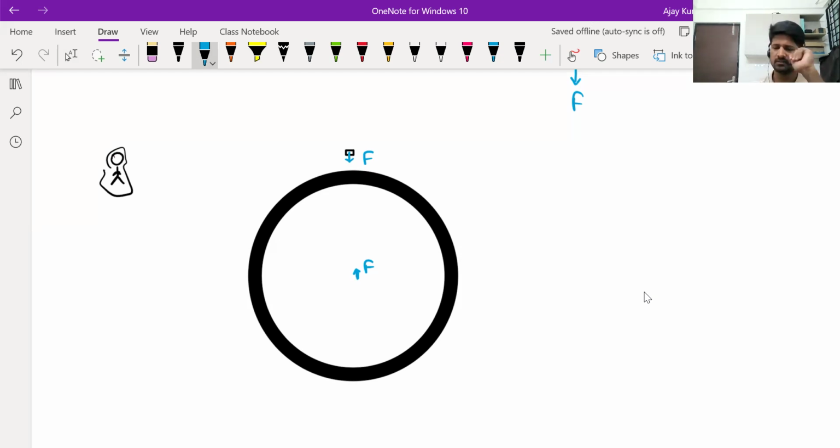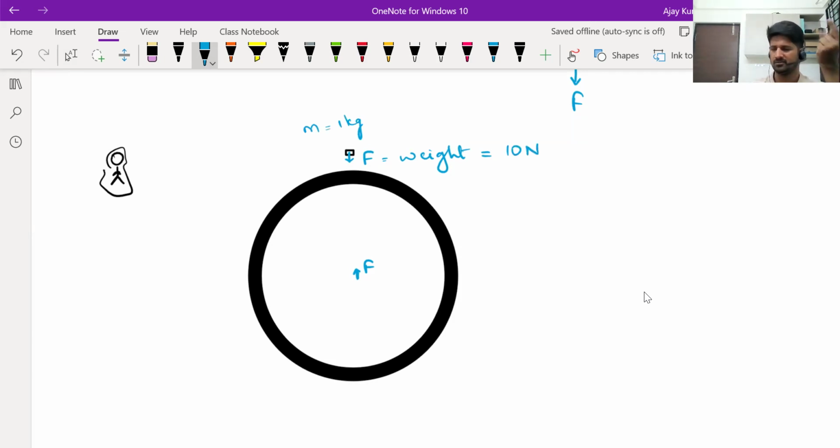How much shall we consider the weight of the block to be? 1 kg, sir. 1 kg is mass, not weight. What is the weight of a 1 kg mass? 10 newtons. Okay, you have taken a small value.